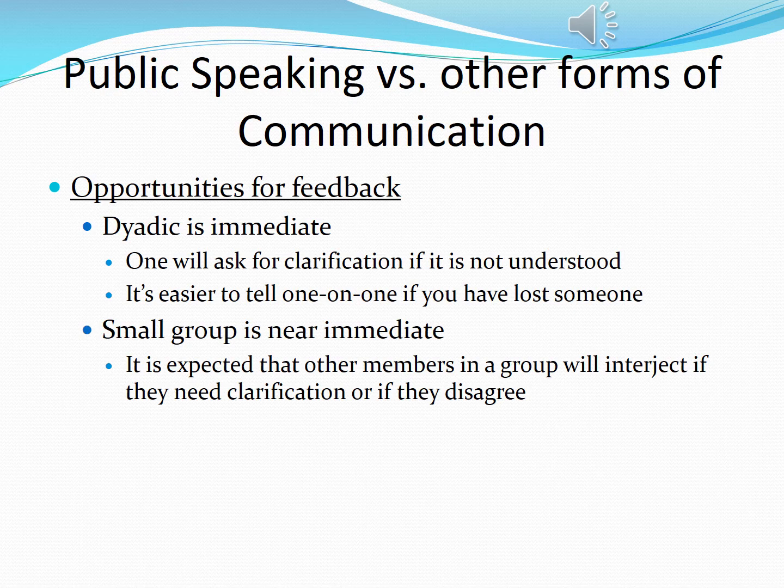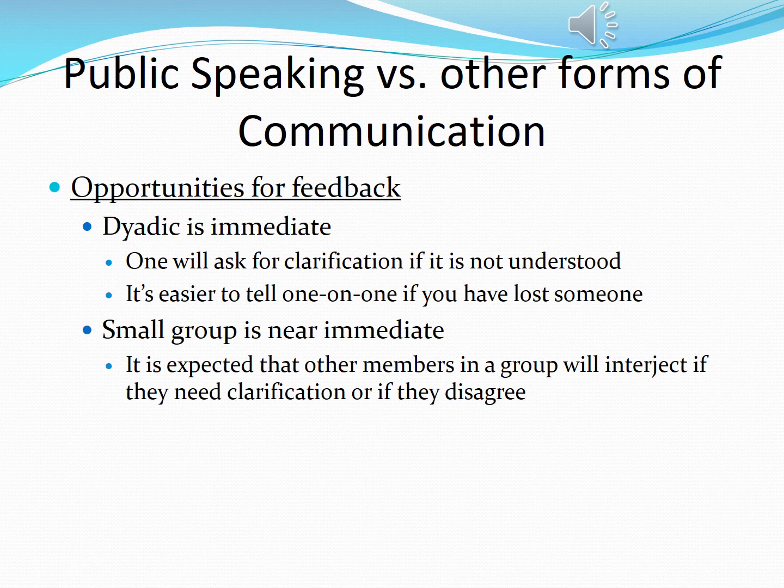Because if you're having a one-on-one conversation with somebody and you lose them, they don't understand what you're talking about, they're going to stop you and say, okay, you lost me. Or you're going to see that look of confusion on their face. And because it's one-on-one, your attention's not split with anyone else, and you're going to see the nonverbals immediately. You're going to take turns immediately back and forth for your communication, so that give and take, that feedback is immediate.